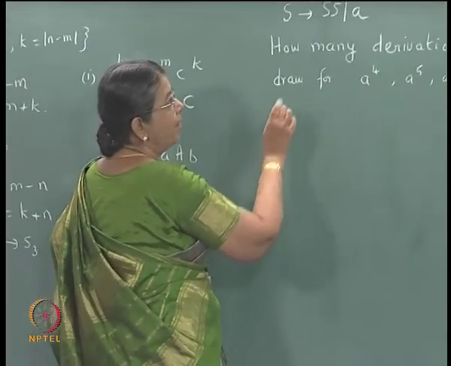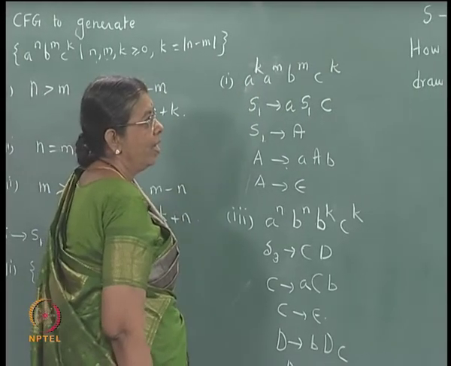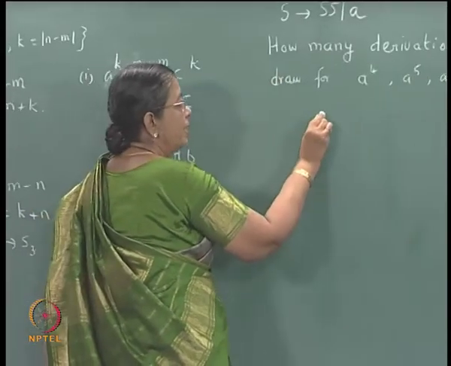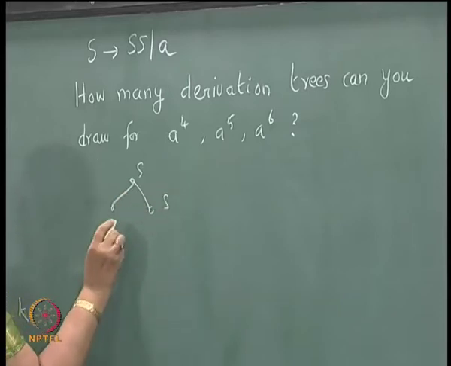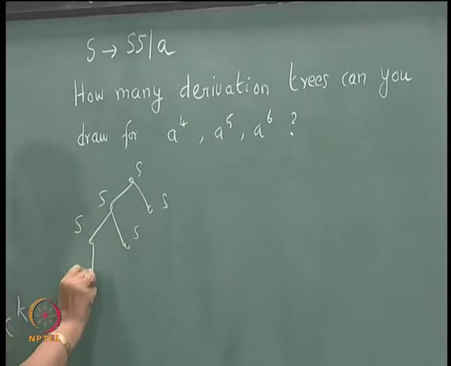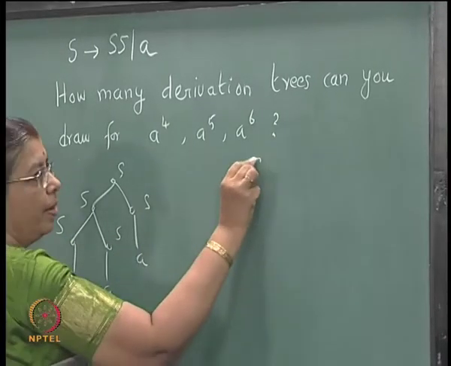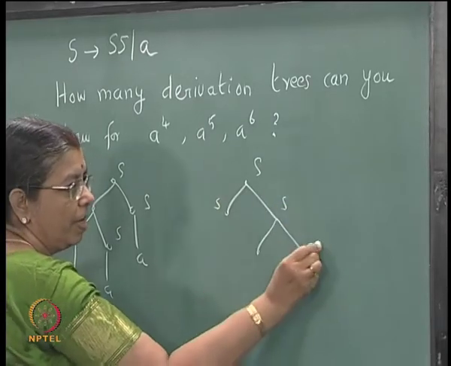Now how many derivations can you draw for A power 4, A power 5, A power 6 in this grammar? We have considered this grammar earlier, and for A cubed there were 2 derivation trees.